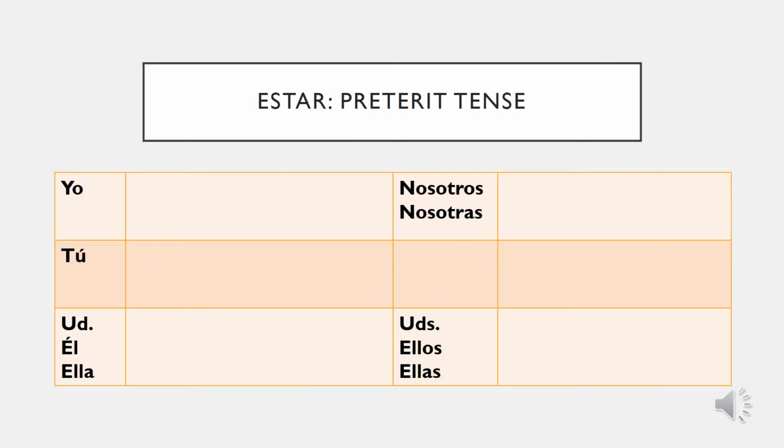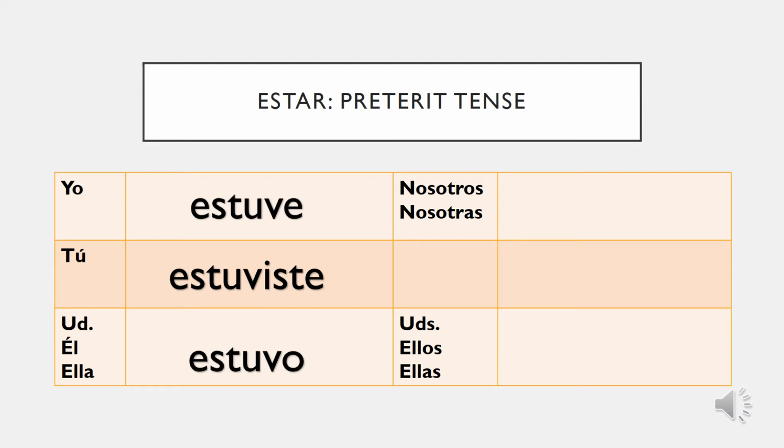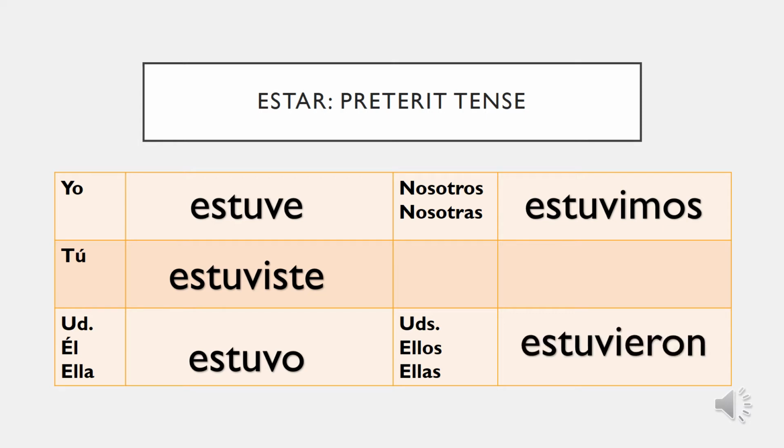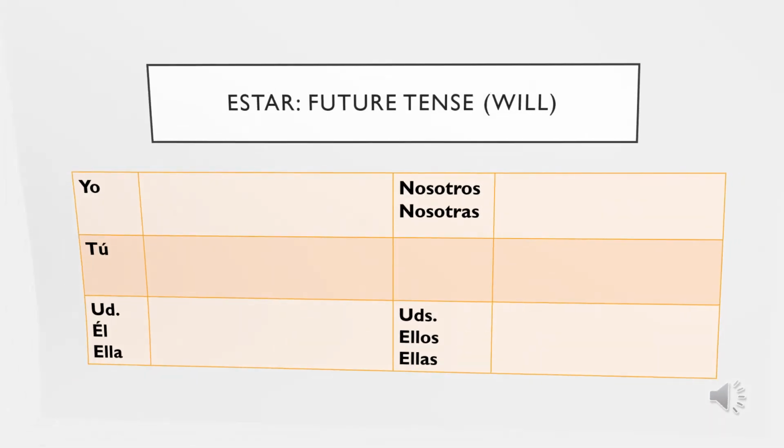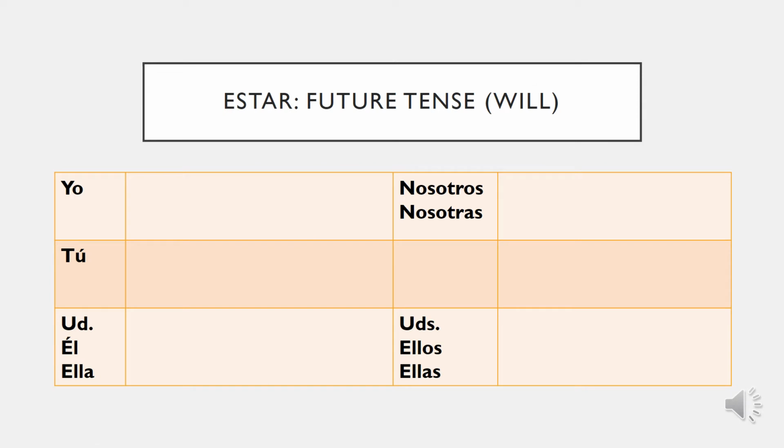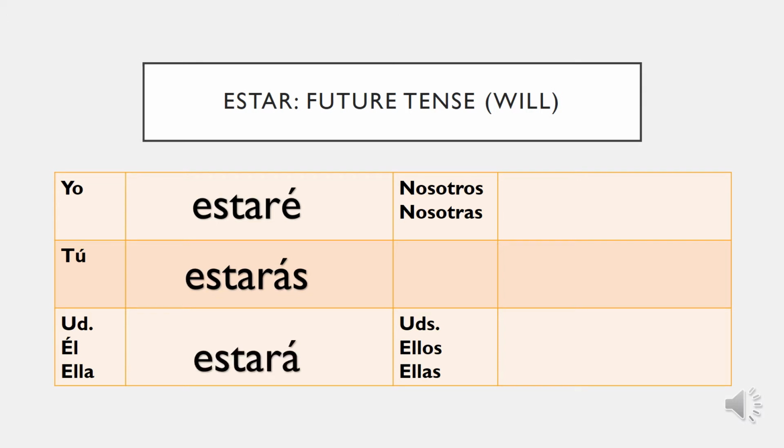Estar in the preterite tense is yo estuve, tú estuviste, usted, él, and ella estuvo, nosotros estuvimos, ustedes, ellos, and ellas estuvieron. Estar in the future tense is yo estaré, tú estarás, usted, él, ella estará, nosotros estaremos, ustedes, ellos, ellas estarán.